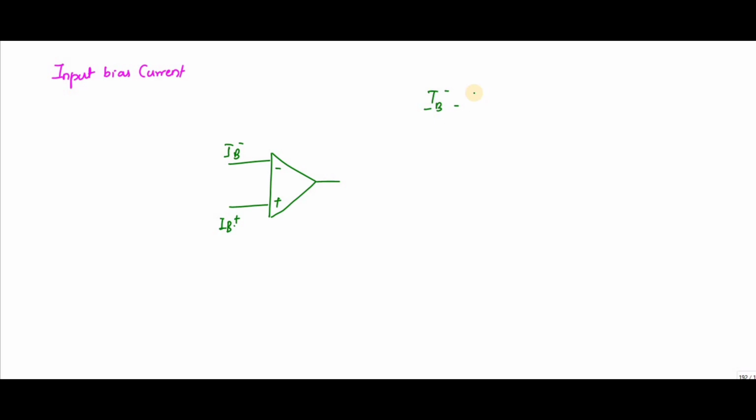IB minus is the DC bias current flowing into the inverting terminal, the inverting input.